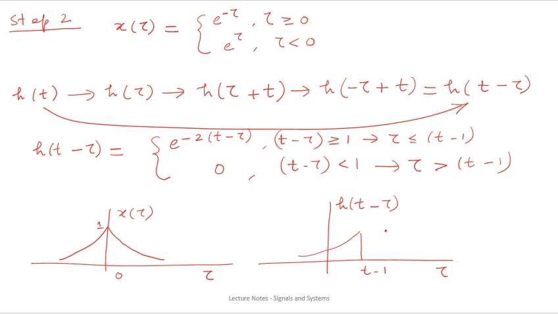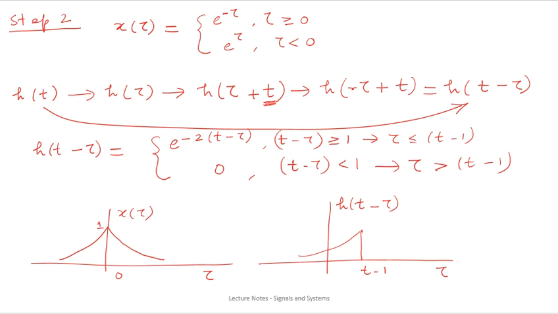You can also obtain this waveform just by looking at these basic operations. In the waveform of h of t, first you have changed the variable, and then you have applied a time shift equal to this factor t, and since this is tau plus t, the shifting will be towards the left hand side, and after time shifting you time reverse it.